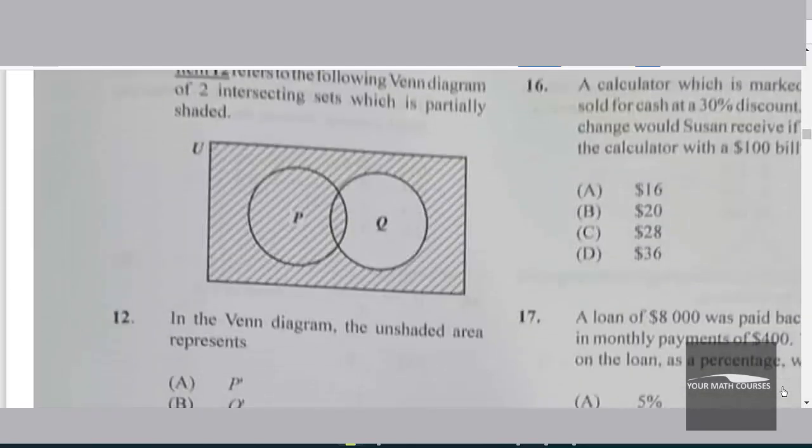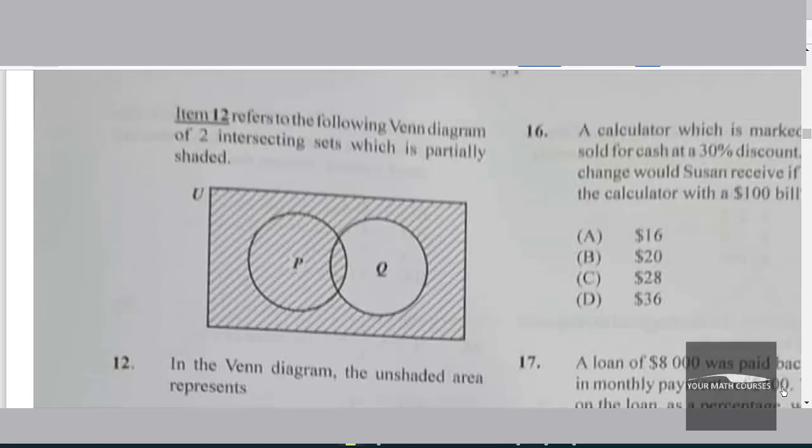Now let's continue with number 12. Item 12 refers to the following Venn diagram of two intersecting sets which is partially shaded.